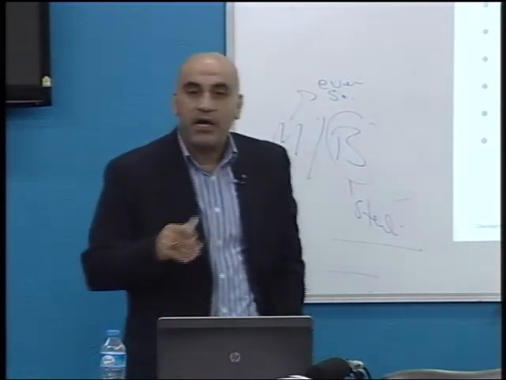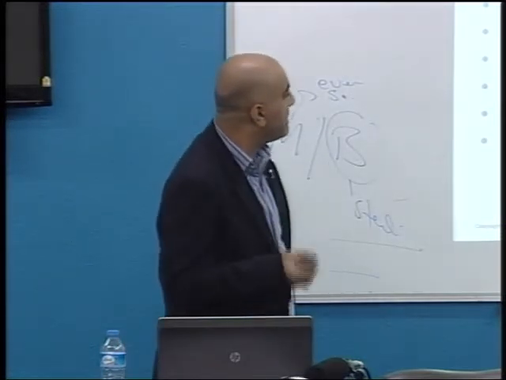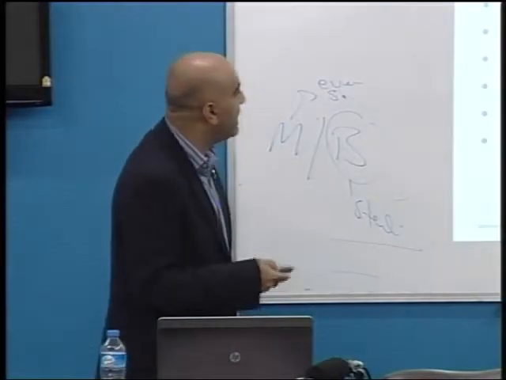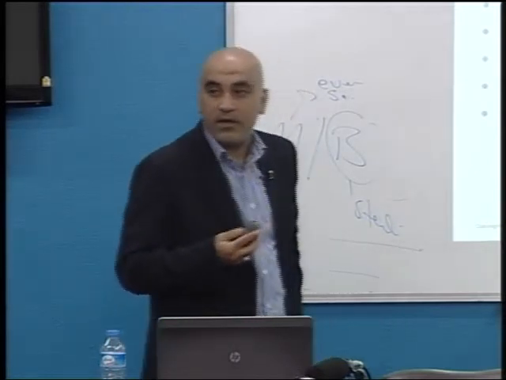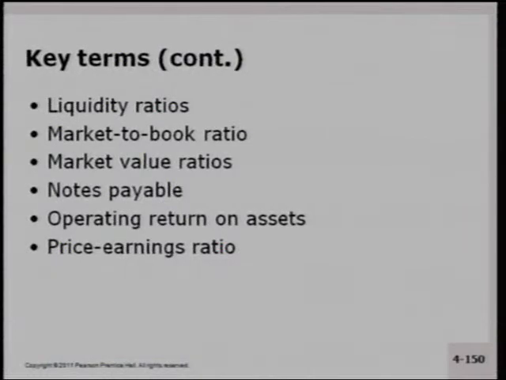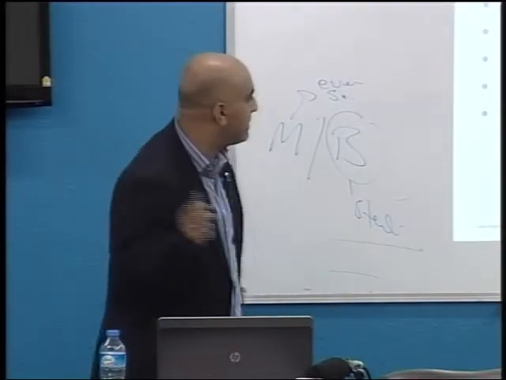Financial leverage: how much we are using the debts. Fixed asset turnover measures the utility of the fixed assets in producing sales. Inventory turnover: how many times we convert inventory into cash in a particular period of time. Liquidity ratios measure our ability to pay back the current liabilities. Market to book value is market value divided by the book value. Notes payable is one of the accounts belonging to the current liabilities.